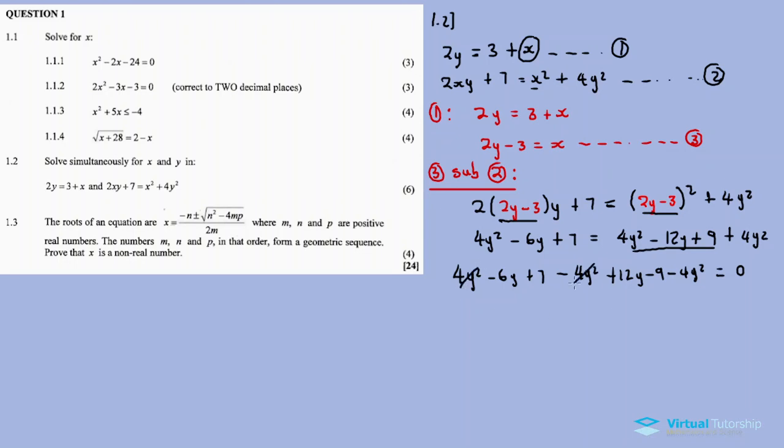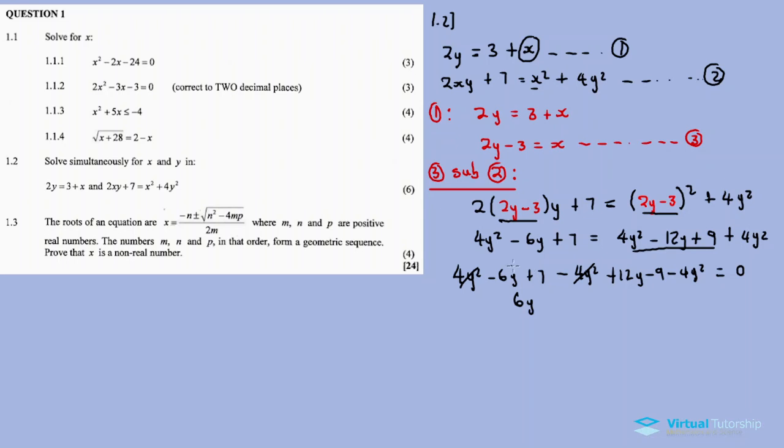This cancels this, and then minus 6y combined with 12y gives 6y, this 7 and this 9 gives minus 2.